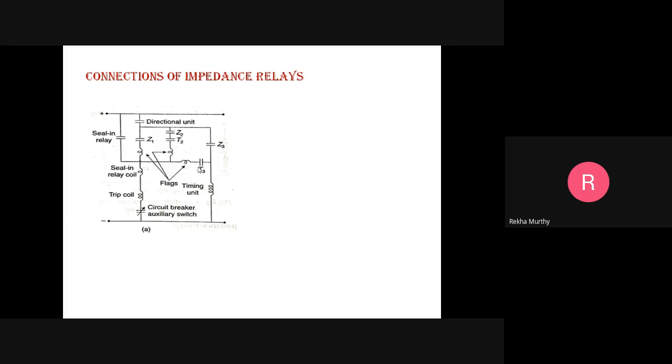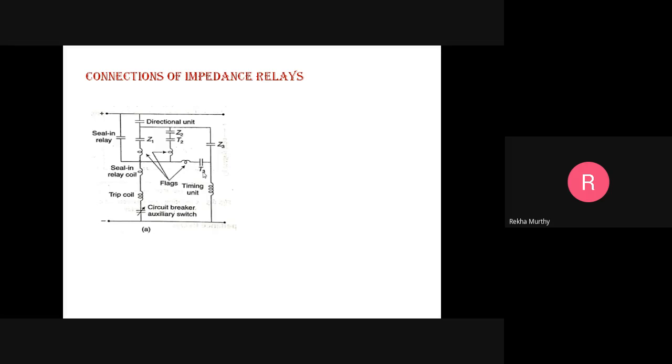A timer is energized whenever the directional unit and Z3 operate. After a certain definite time delay, the timer closes the contact T2 first, and then after some more delay, the contact T3 gets closed. The delays for T2 and T3 are independently adjustable.